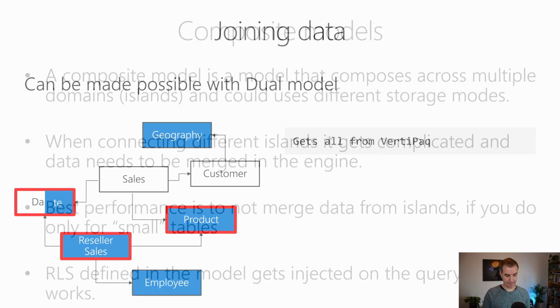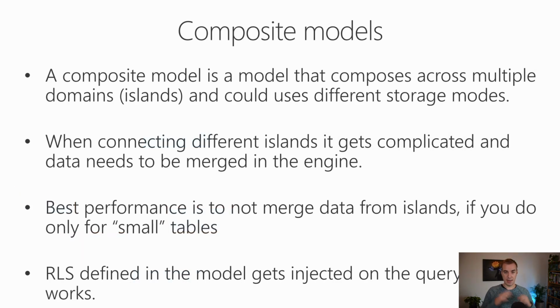Okay. Now, let's take a look at composite models again, because composite models have been around for a long time, but pretty soon when we start having Analysis Services also supported in composite models, the understanding of composite models will become very important. So a composite model is a model that composes across multiple domains or islands and could use different storage modes too.